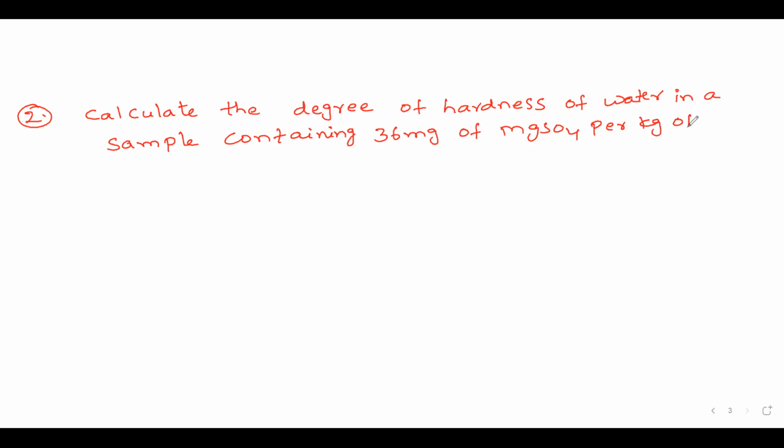This is very, very important: per kg of water. But our comparison is per million parts of water. So we have to convert this kg of water to million parts. So this is the question.